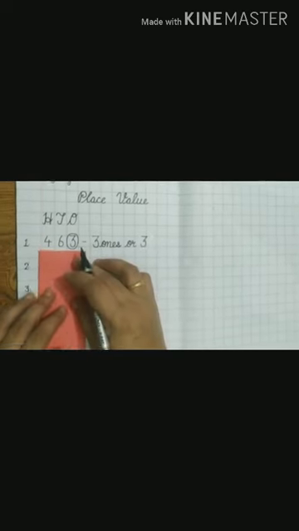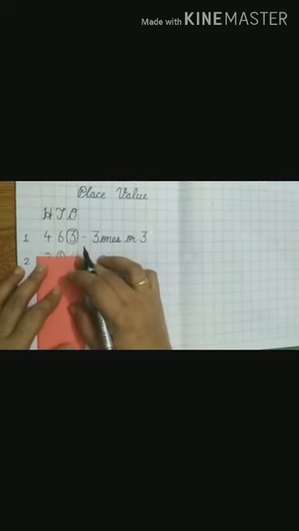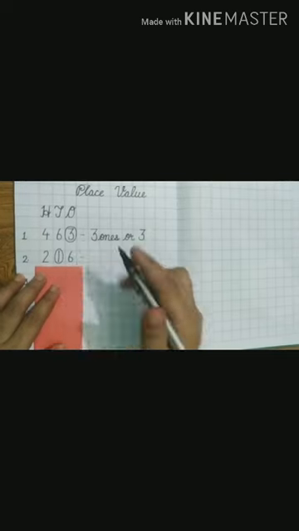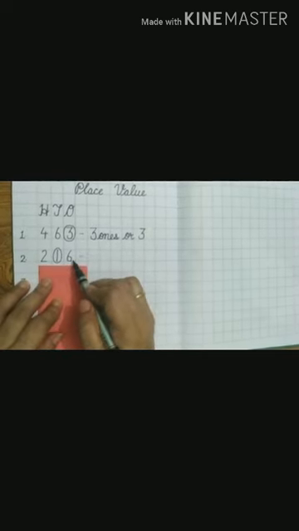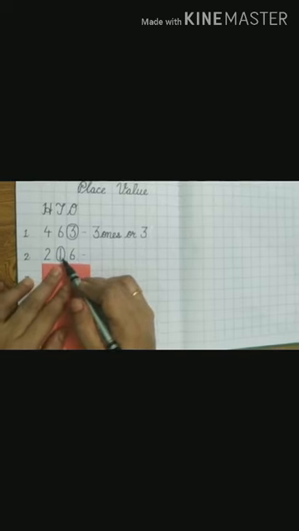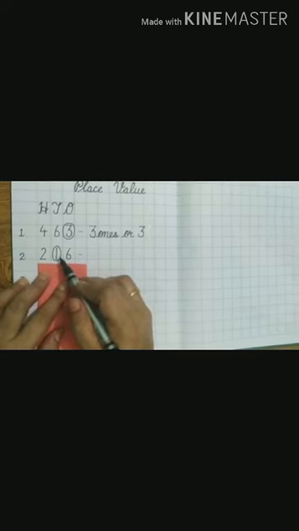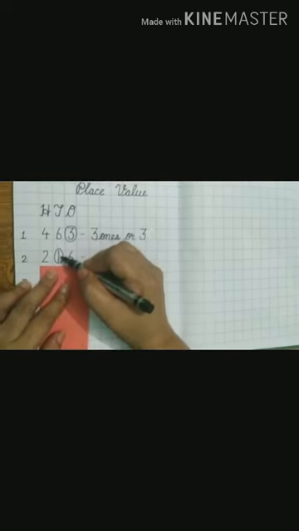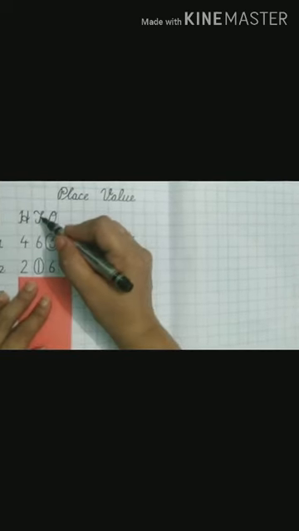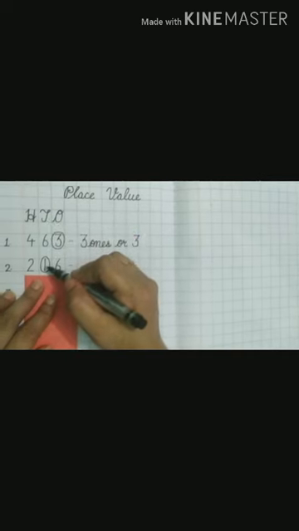Let's take the second question. This number is 216. Here we have to find out the place value of 1, and 1 is in the home of tens.